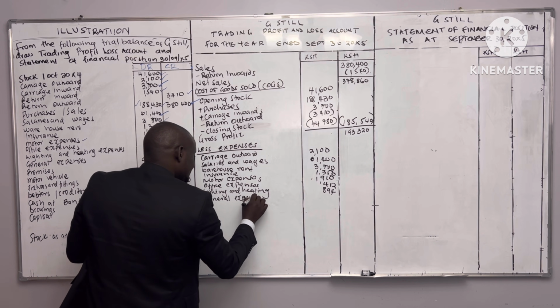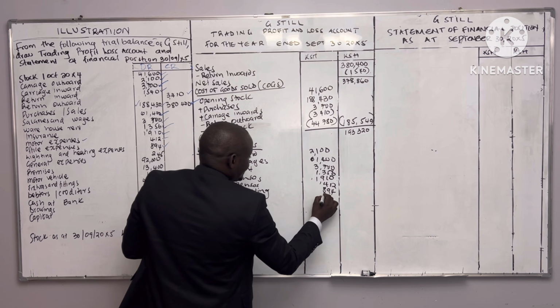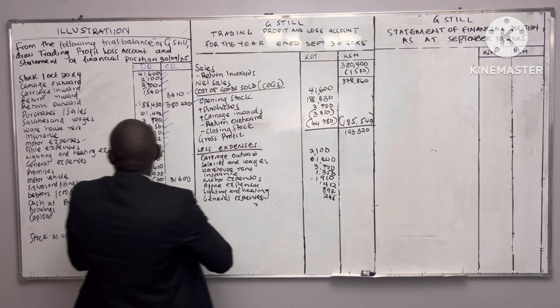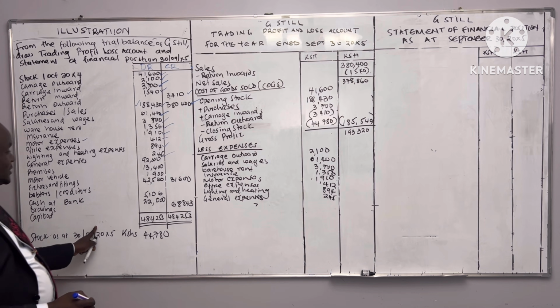General expenses, 245. Yeah, we don't have any other expense.